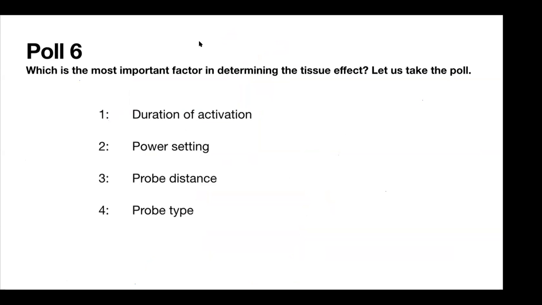Is it the power setting, that means how many watts are you putting, 20 watts, 30 watts, 40 watts? Or is it the distance between the probe and the mucosa, whether it is 1 millimeter, 2 millimeters? Or is it the type of the probe, whether it is forward, circular, or side firing?